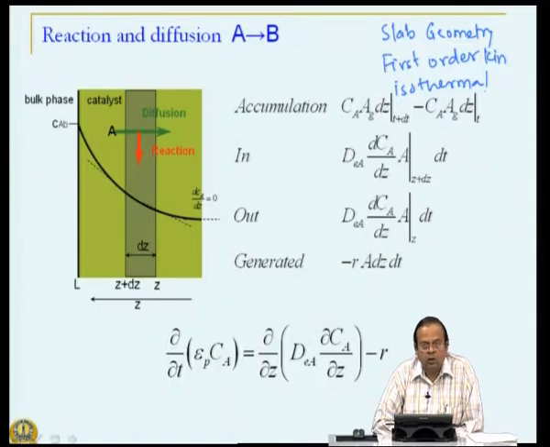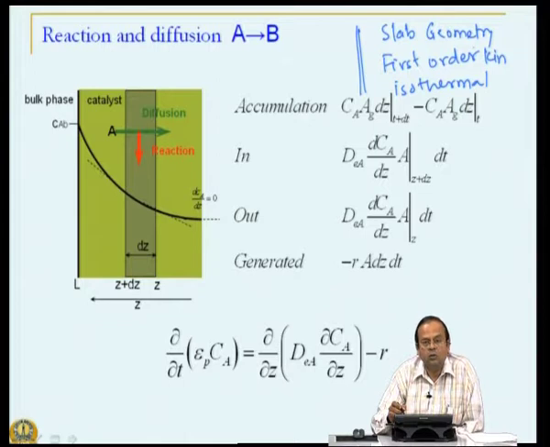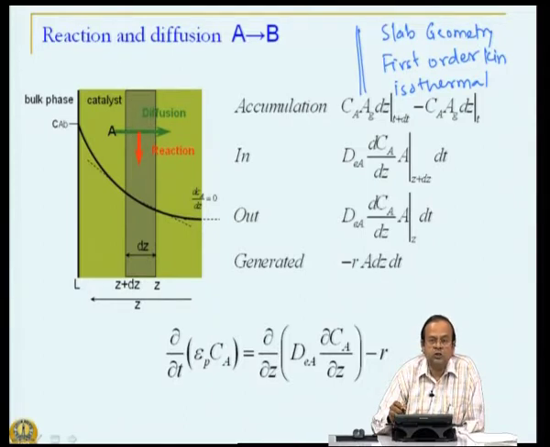Little later on, we will relax all these restrictions. We will see what happens when your geometry is spherical or cylindrical, or for that matter an irregular geometry. We will see what happens when the reaction is not first order reaction, but general power law kinetics or law of mass action kinetics or Langmuir-Hinshelwood kinetics which we saw earlier.